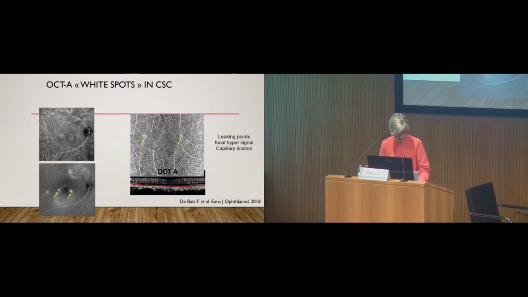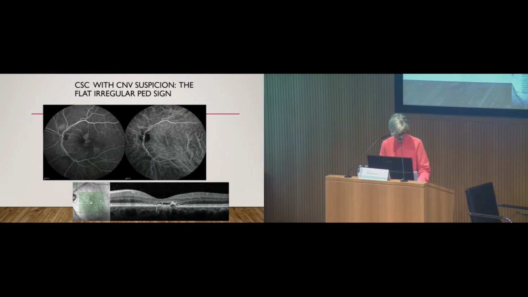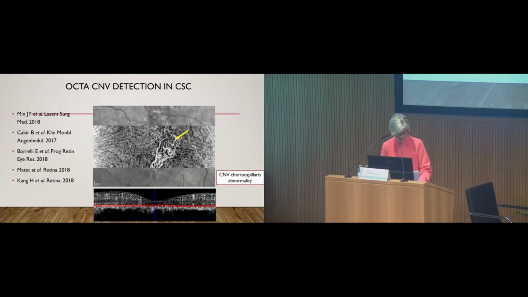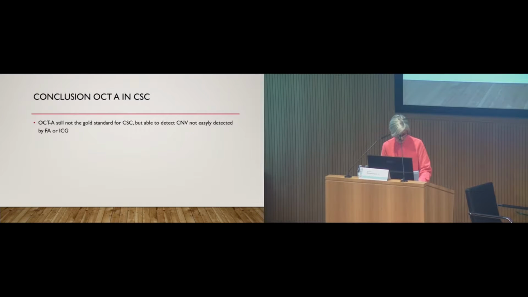The white spots often represent the leaking points, but they are not frequently seen, unfortunately. And here too, the main interest of OCTA in CSC is the CNV detection, particularly in case of flat irregular PED. So OCTA is not a gold standard for CSC, but it is a huge help in the detection of CNV.